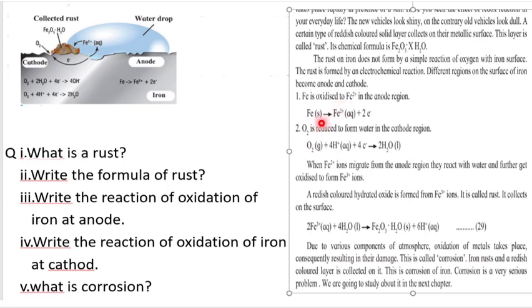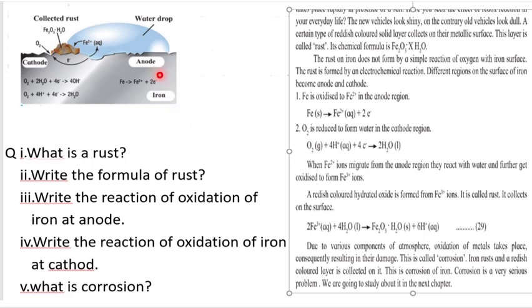So the reaction is Fe is oxidized to form Fe2+ ion plus 2 electrons. Now at the cathode region, oxygen is reduced to form water. Let us see the reaction: O2 plus 4H+ plus 4 electrons forms water.